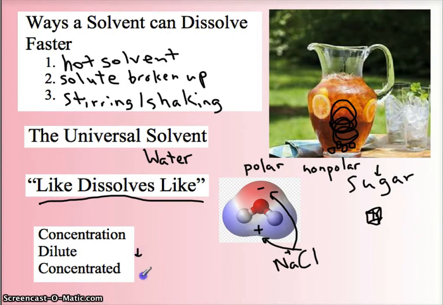If something is considered concentrated, you have a high amount of solute. Talking about solute here, the things that go into the solvent. Small amount it is dilute, large amount it is concentrated. I guess you can say that both of these are kind of underneath the term concentration.